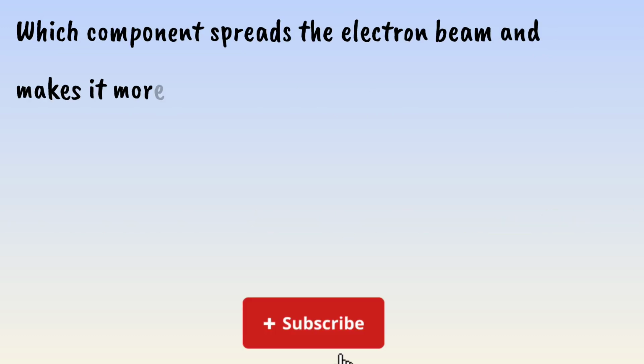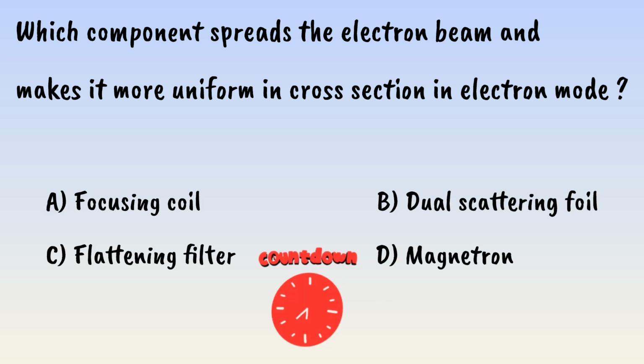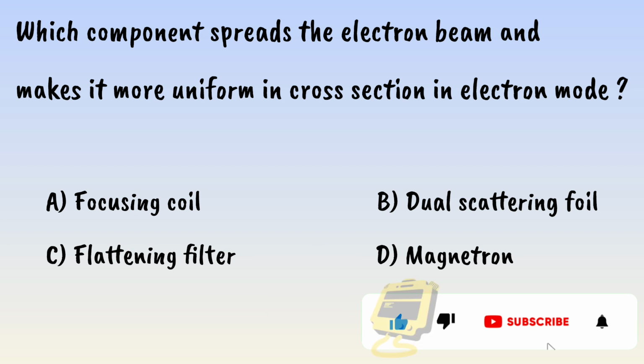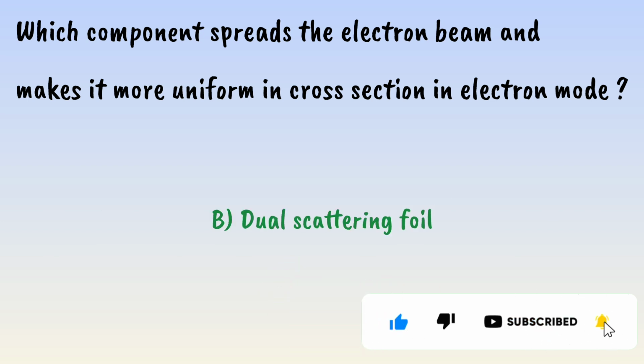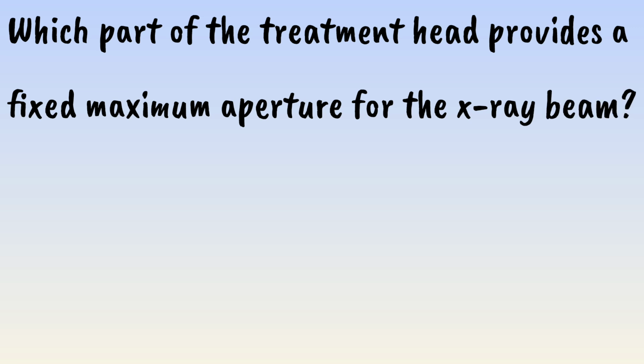Which component spreads the electron beam and makes it more uniform in cross-section in electron mode? Which part of the treatment head provides a fixed maximum aperture for the X-ray beam?